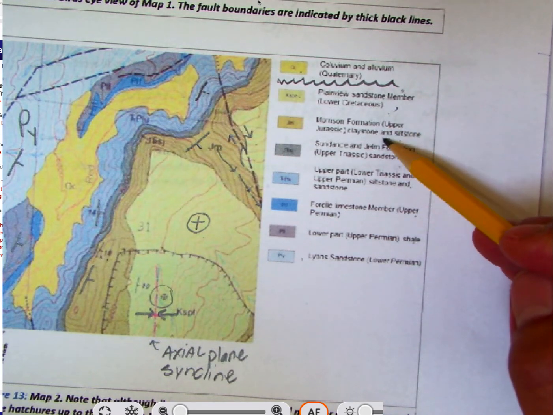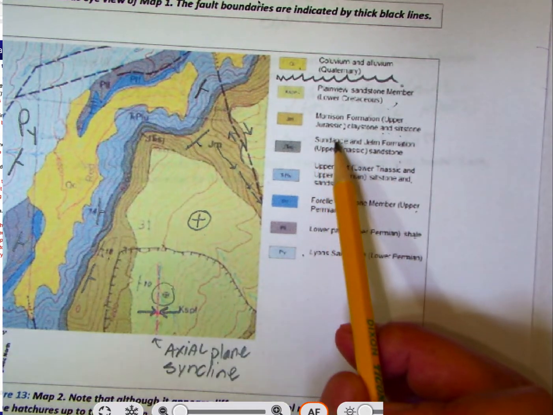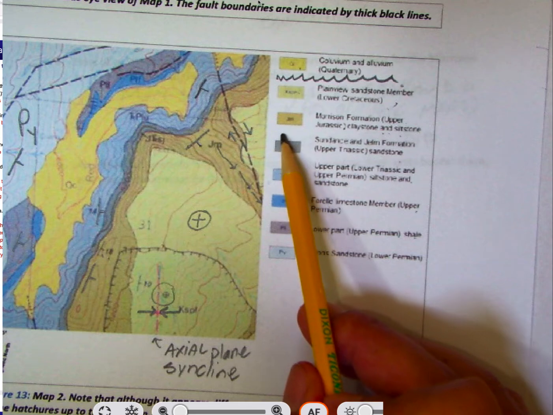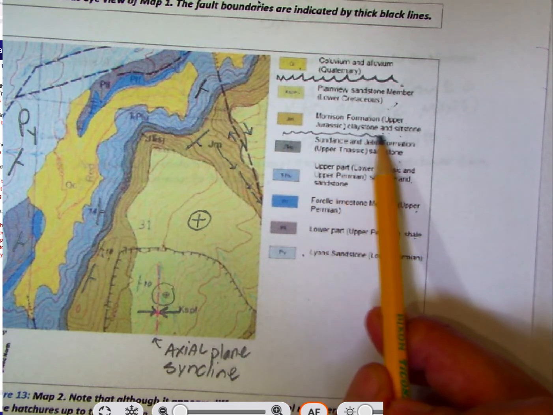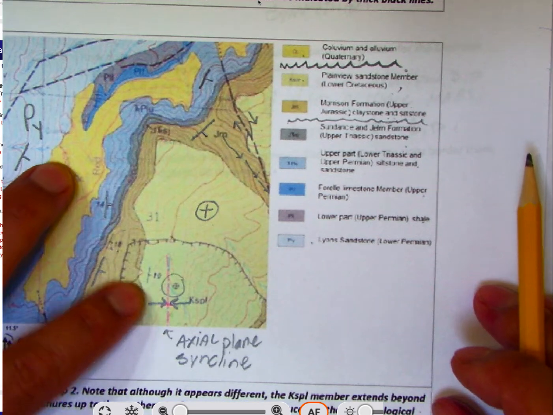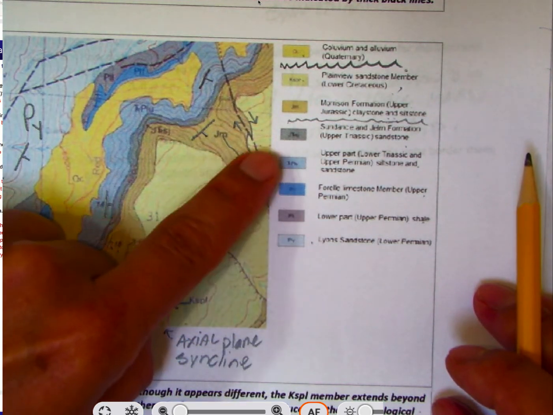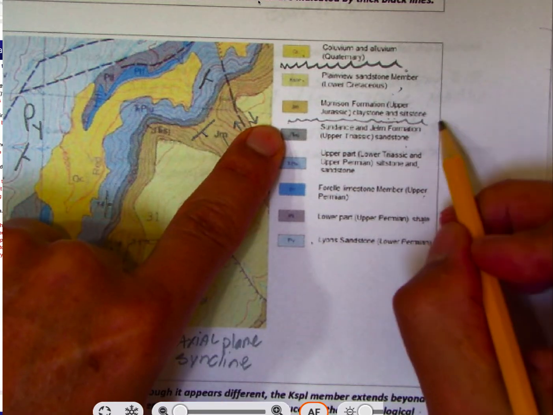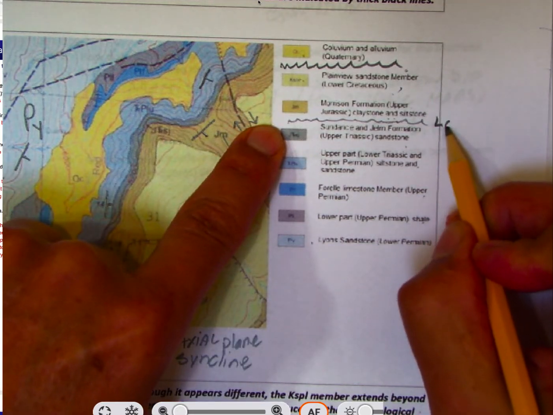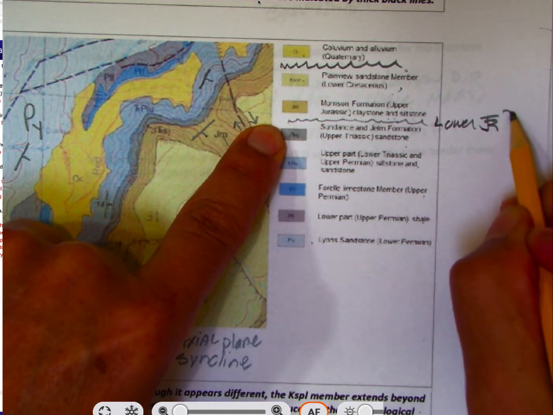So if anything, I mean, we're probably splitting hairs here. There could be, see, we're missing the lower Jurassic right here. So if this geologic map is mapping the strata in this much detail, if we go from lower to upper, then we're probably missing something right here. So where is the lower Jurassic?